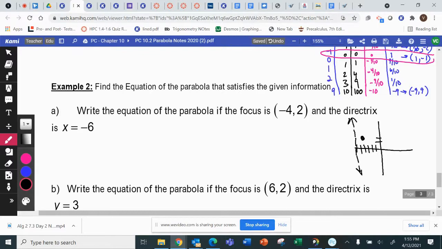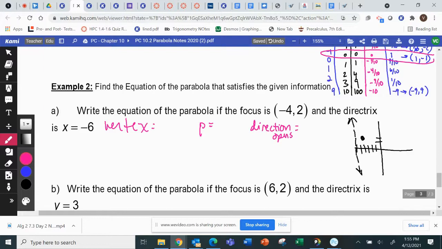In order to write the equation, you're going to need to know things like the vertex, the p-value, and the direction of opening. So once I have my focus and my directrix graphed, I should be able to answer all of this.